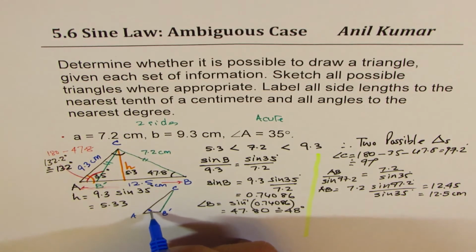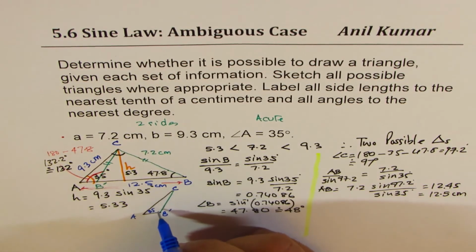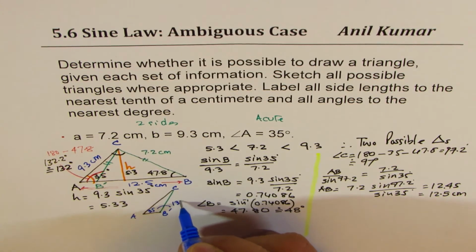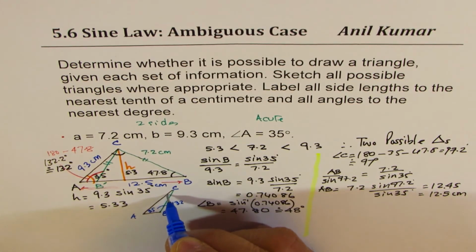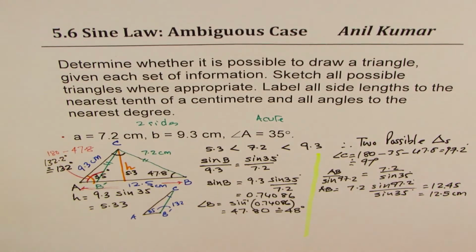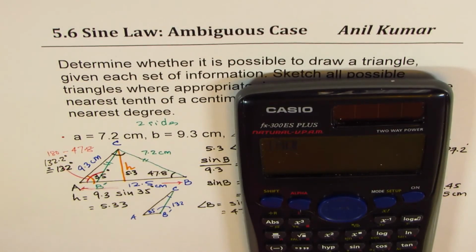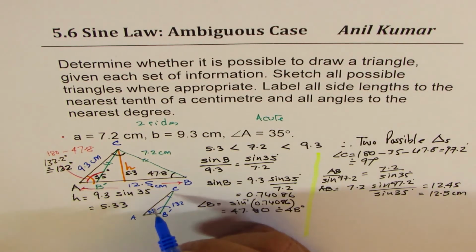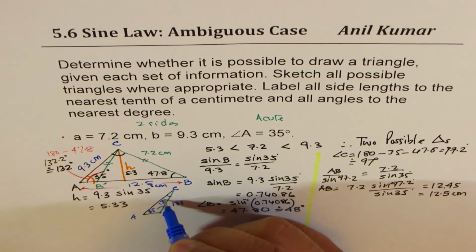We know this is 35 and this one is 132. I'm writing 132 now. So that will be how much? C will be 180 minus 132 minus 35 equals 13 degrees. So this is 13 degrees.